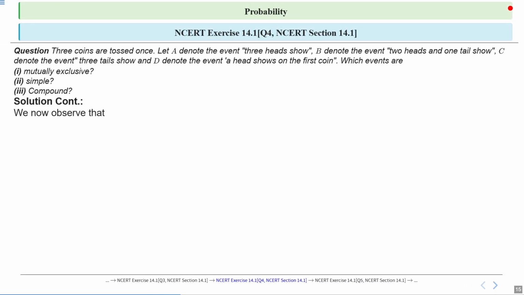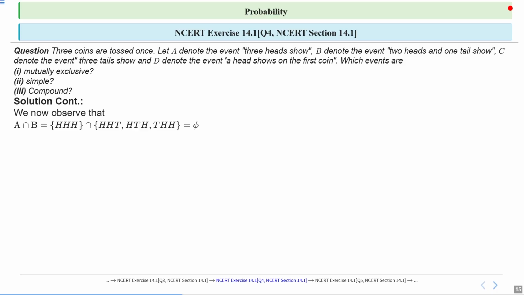Now observe A intersection B. If we take the intersection of events A and B, what sample points do we get? You can observe that there is no common sample point in events A and B. So A intersection B is equal to the empty set phi.